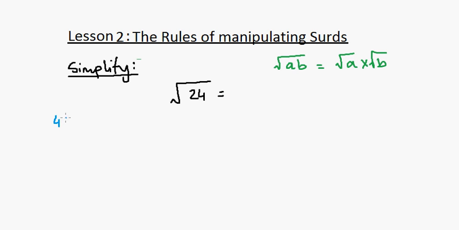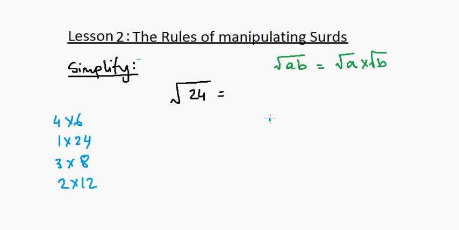We have 4 times 6, we have 1 times 24, 3 times 8, we have 2 times 12. Yeah, I think these are all the factors. Now, looking at these factors, which of these contain square numbers? So I can see straight away that 4 is a square number, so let's use that.